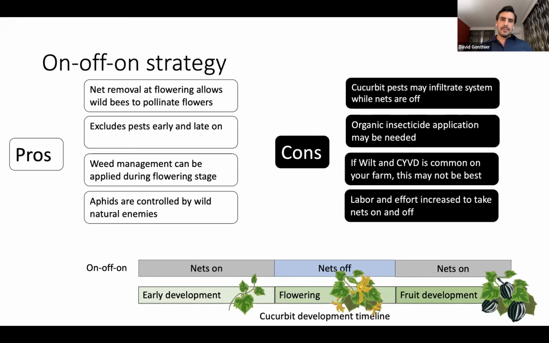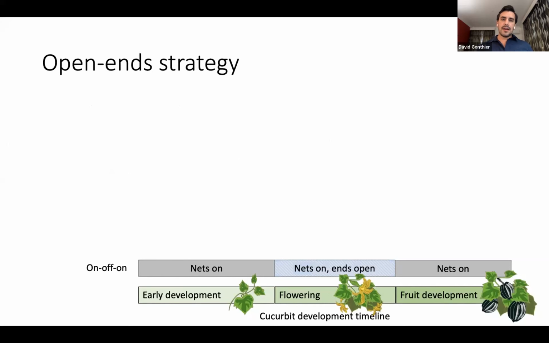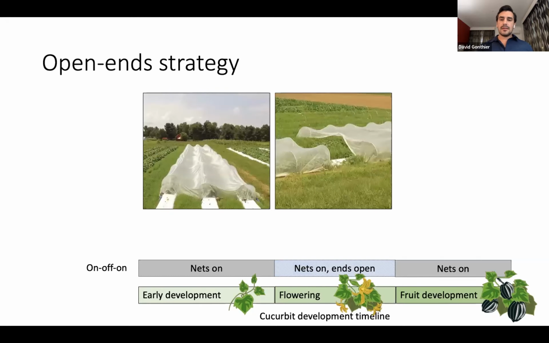And so we have been playing around with a slight modification of this treatment, which we call the open end strategy, where instead of taking the net entirely off at flowering, we simply open up the ends and either clip the net to the hoops or kind of tie it up in a way that just really opens up the ends of a long tunnel.